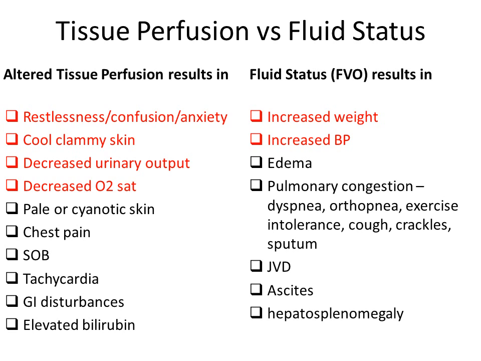That would be dyspnea, orthopnea, exercise intolerance, dyspnea on exertion, cough or crackles, sputum, that cough that can't be relieved with change in position or with an over-the-counter cough suppressant, JVD, ascites, hepatosplenomegaly. These are all really important things for us to consider when we're considering fluid status. And fluid volume overload is what we get when we have right-sided heart failure.